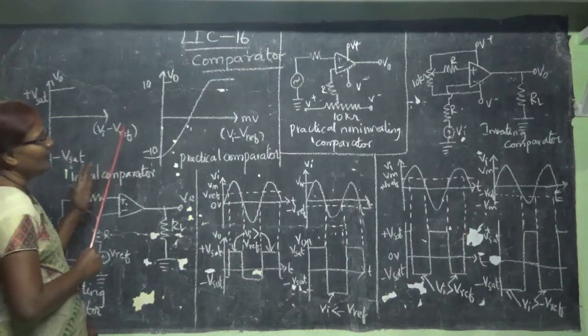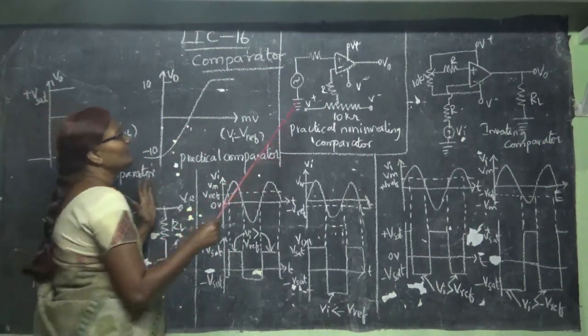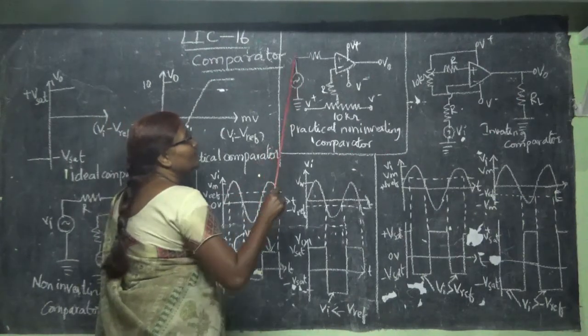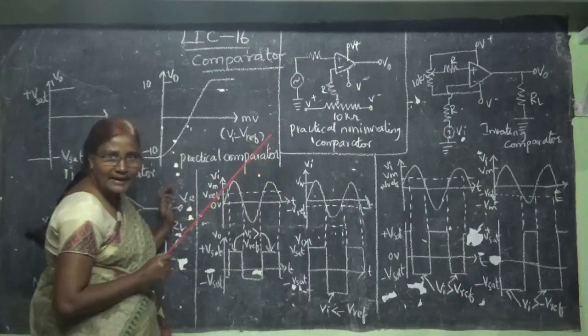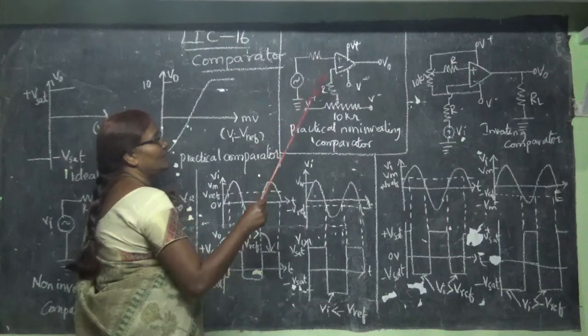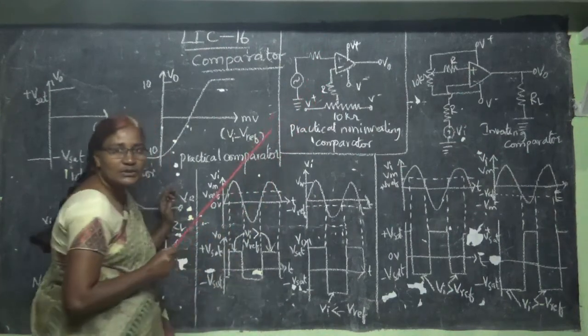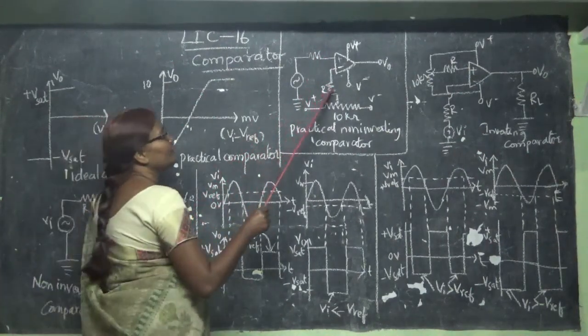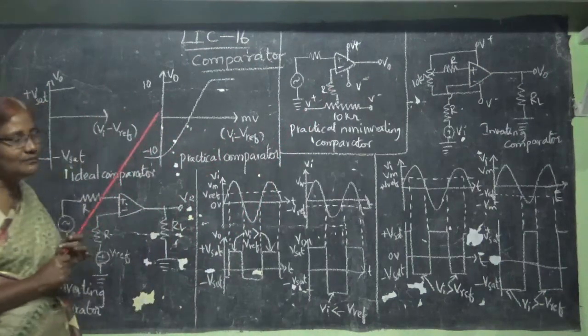So here what we will do, we will give an input which we want to compare to one input terminal, and the other input terminal is given with the reference voltage.